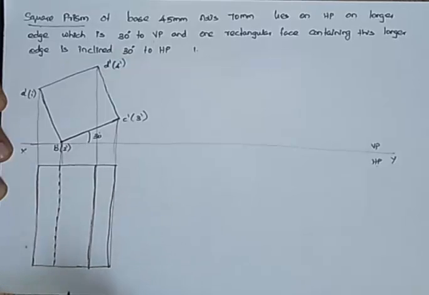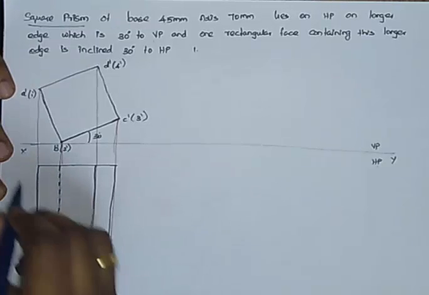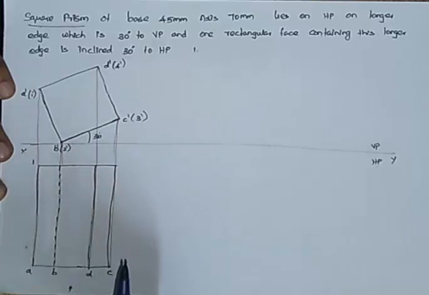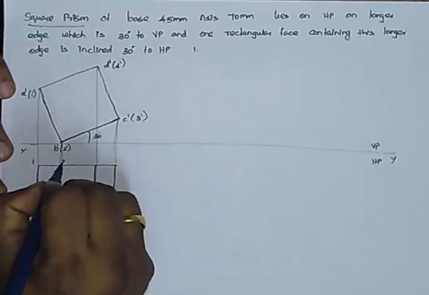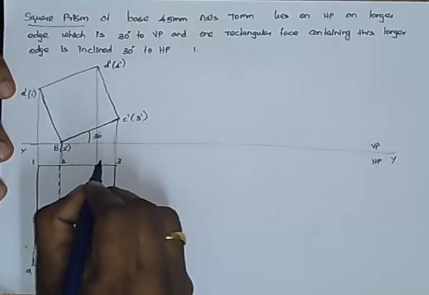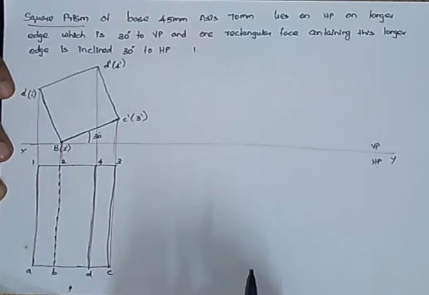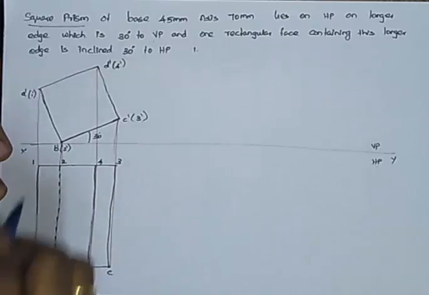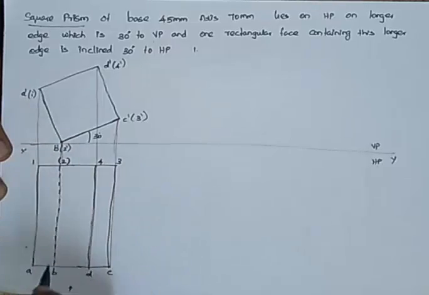From here, these corners will be visible. So I am making the visible corners here, that is A here, B here, C here, D here. Similarly, the invisible corners 1 here, 2, 3, 4. Since this 2B edge is invisible, I am making a bracket here.